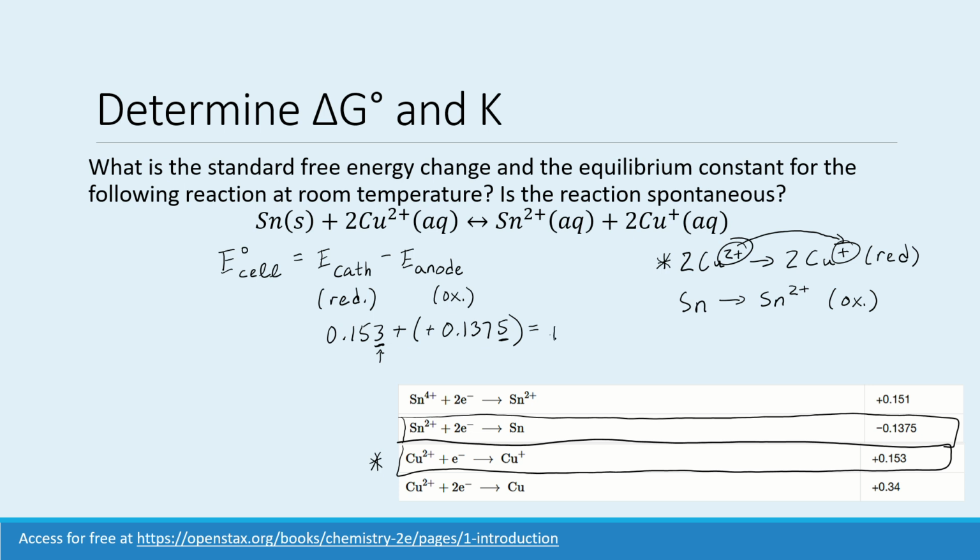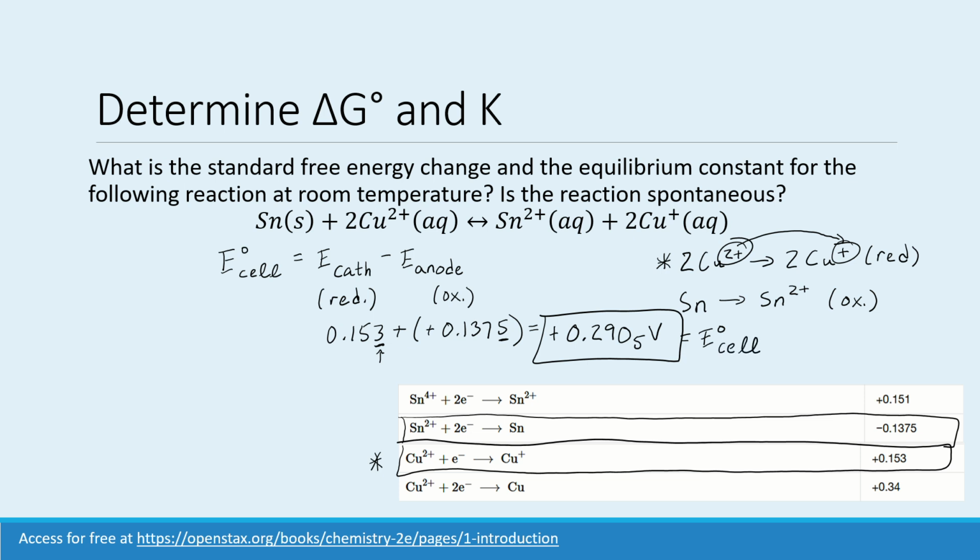And you get a positive 0.2905 volts. Okay, so remember I'm subscripting that last number because it's not significant, but I do want to keep one extra digit until I'm done with all my calculations. And so that is the standard cell potential.